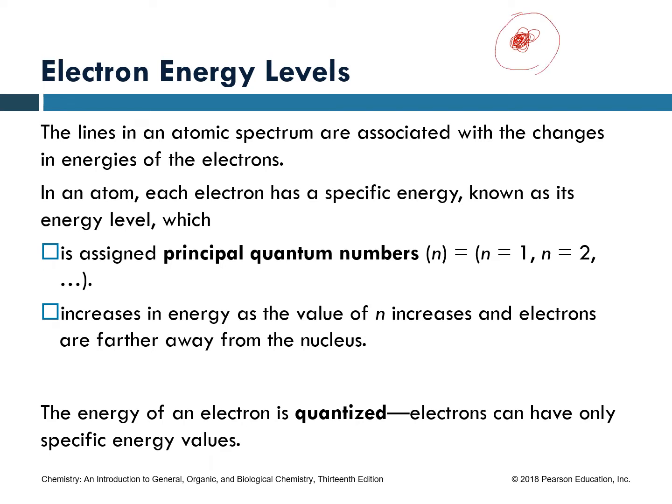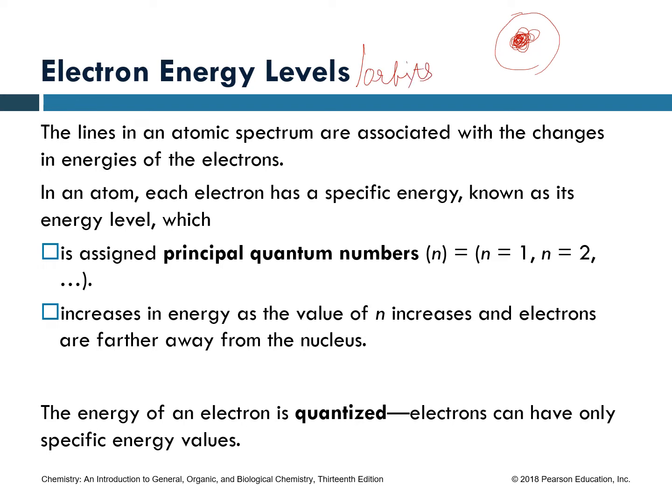Now these electrons are not just randomly present in any space around the nucleus. They are present at specific energy levels, which are called electron energy levels, or are also referred to as orbits.